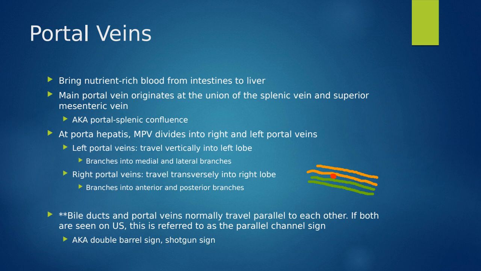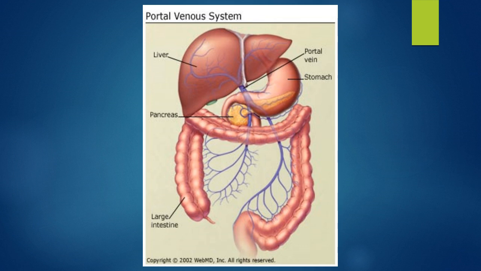So here we have our diagram, our bigger picture of our portal system. Like we said, the main portal vein is going to be made up of the splenic vein that comes from the spleen, which we're not really seeing in this picture here, but our spleen would be in this region and would be coming this way.